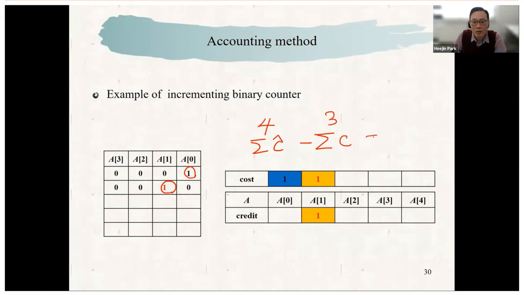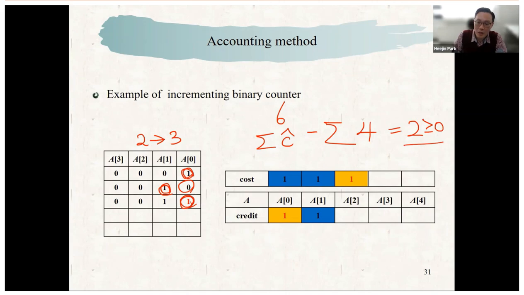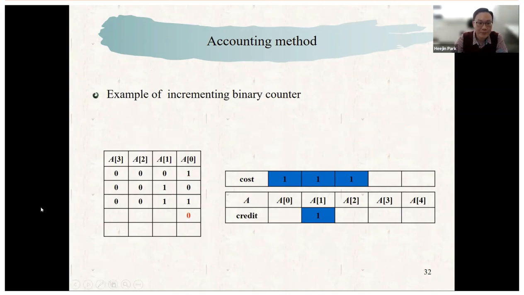Set, reset, set. So the credit is 1. So 0 or positive. And next, incrementing 2, and only 1 bit is set. So it is 1, 2, 3. 3 sets, 6. 3 sets and 1 reset. So 4. So the credit is 2. It is 0 or more.